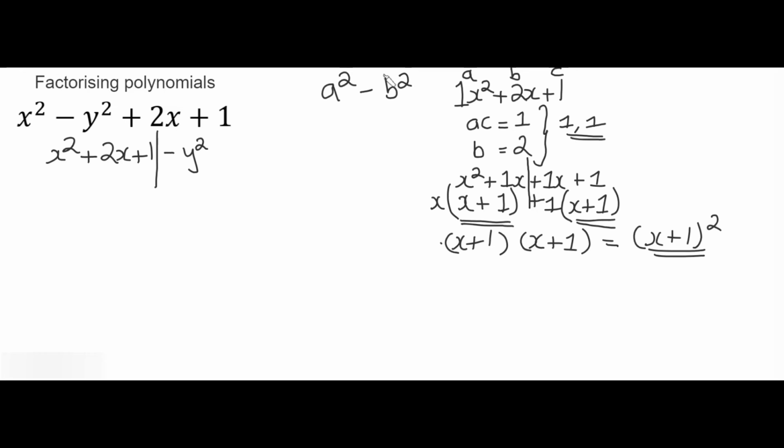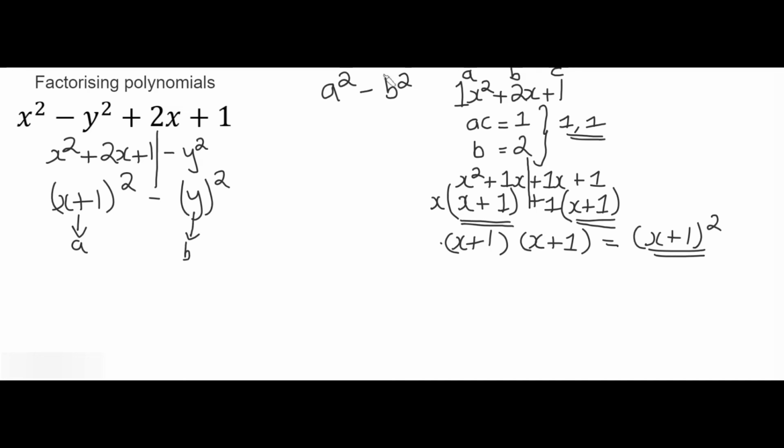So we'll rewrite x squared plus 2x plus 1 as x plus 1 to the power of 2 minus y to the power of 2. Now this has come to the form we were looking for at first. We wanted to write it as a squared minus b squared, and we have a squared minus b squared, where this one will be our a and this will be our b.